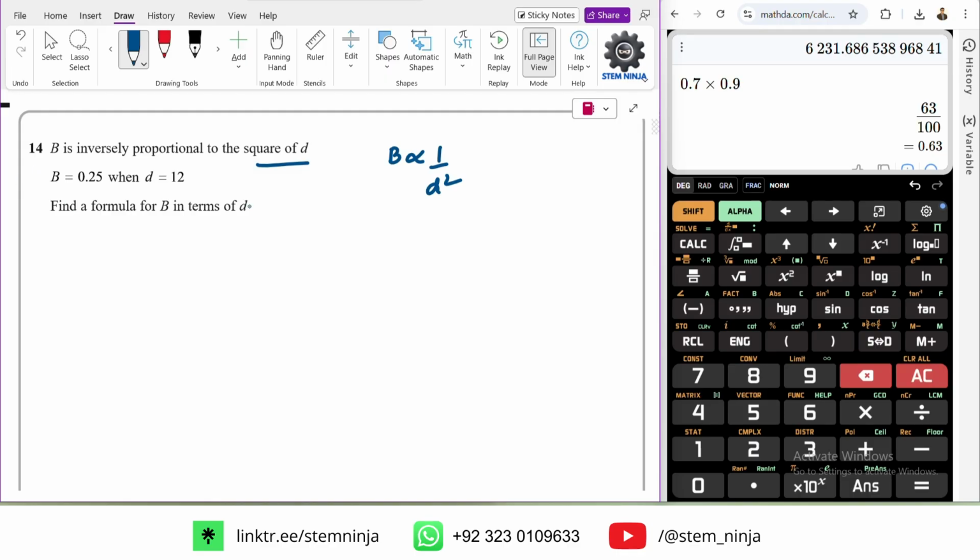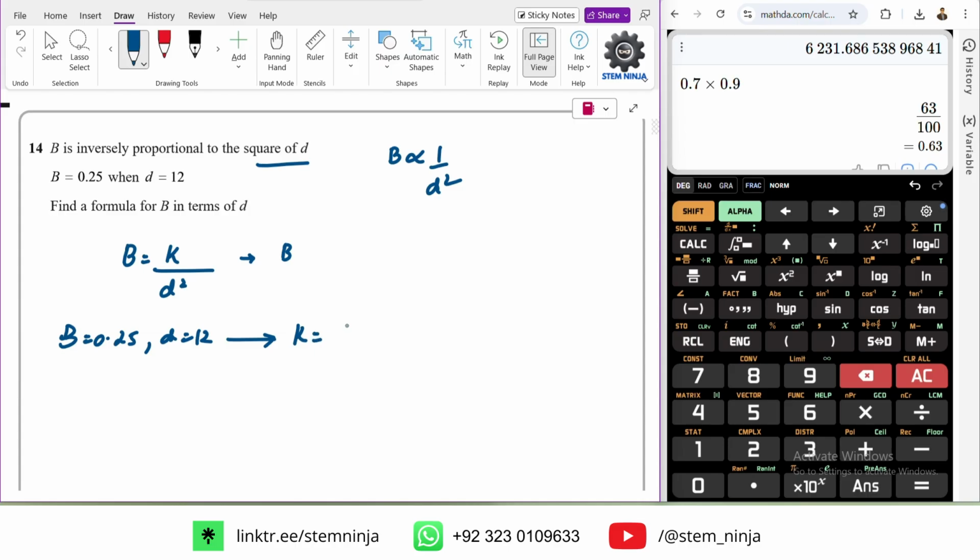Right, okay. So you have B equals some constant of proportionality K over D squared. We just need to find K. So you have B equals 0.25, D equals 12.